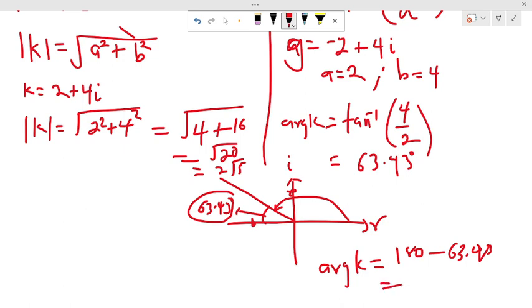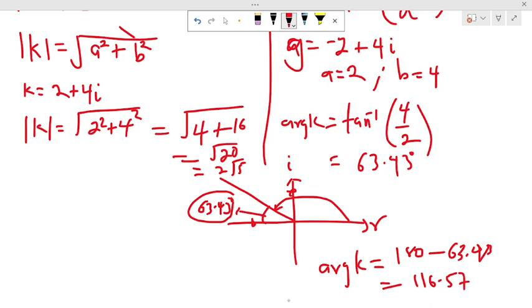So therefore, we get the argument of k to be equal to 116.57.